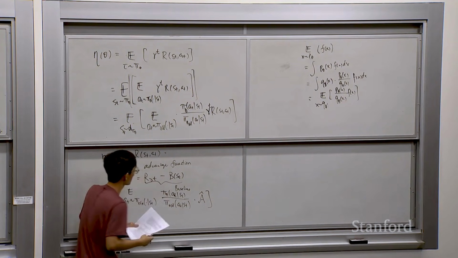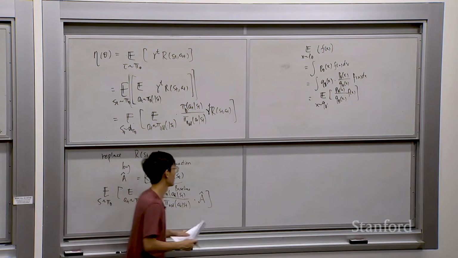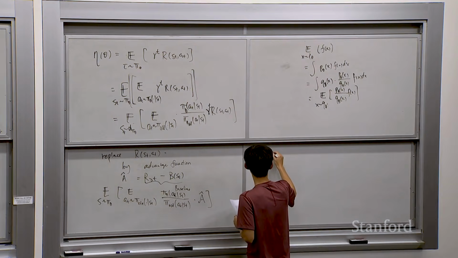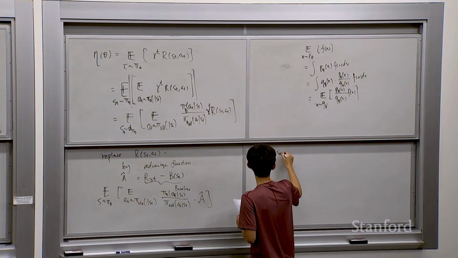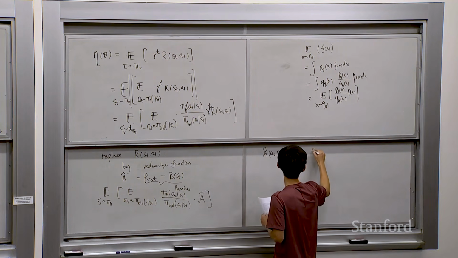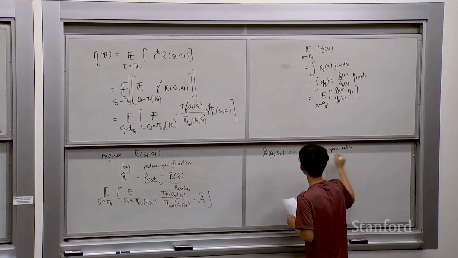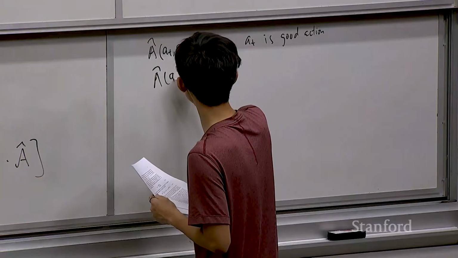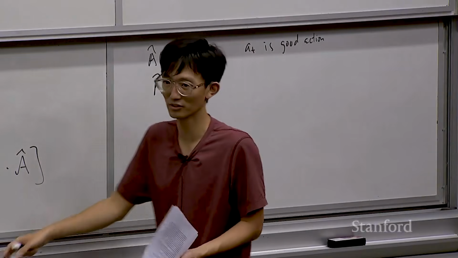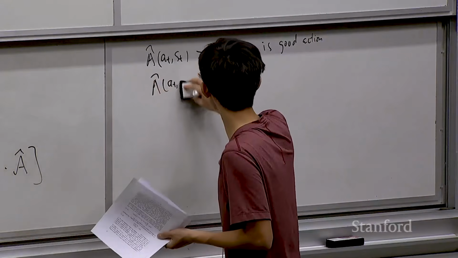The advantage function is really just saying that if it's positive for some A_t and S_t, it means that A_t is a good action. If the advantage is negative, it means it's a bad action, because it's worse than a baseline.